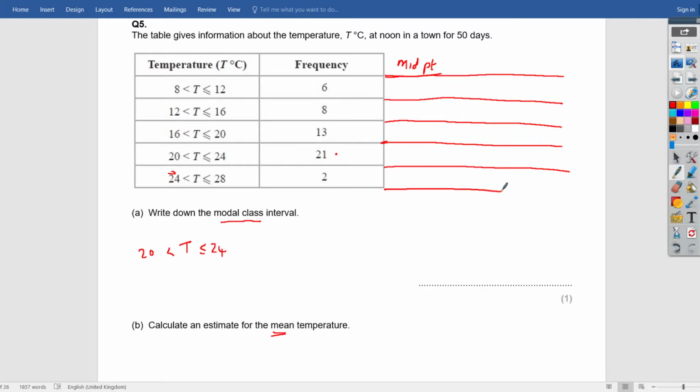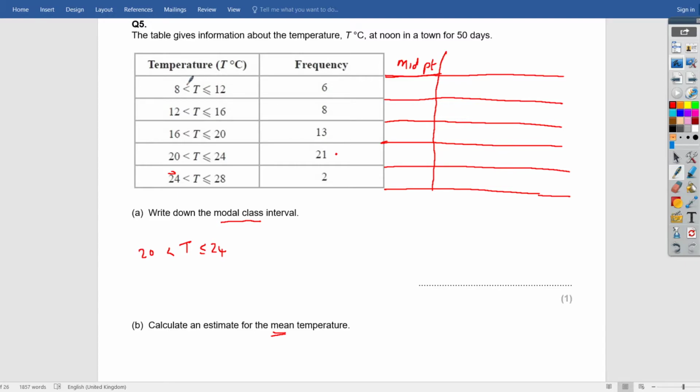Let's get the midpoints. The easiest way to do it is to add the two endpoints and halve it.